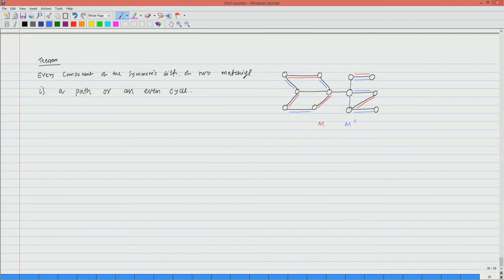Okay. So, I hope that there is no doubt with the statement that M is a matching, because you can see that every vertex is adjacent to at most one matched edge in matching M. Okay.